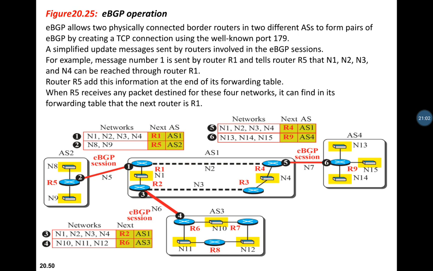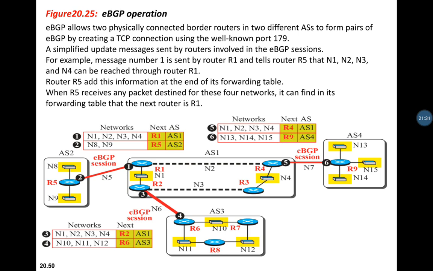Similarly, the other messages, third, fourth, fifth, sixth, tell which networks can be reached and what the next router is, and they also tell which autonomous system you have to pass through, and to which autonomous system this router belongs.